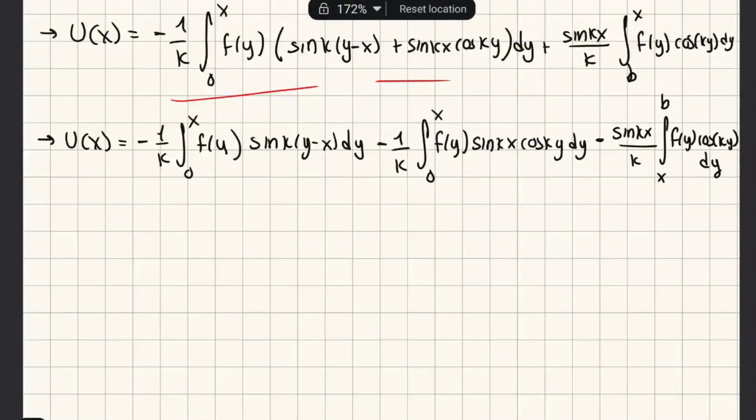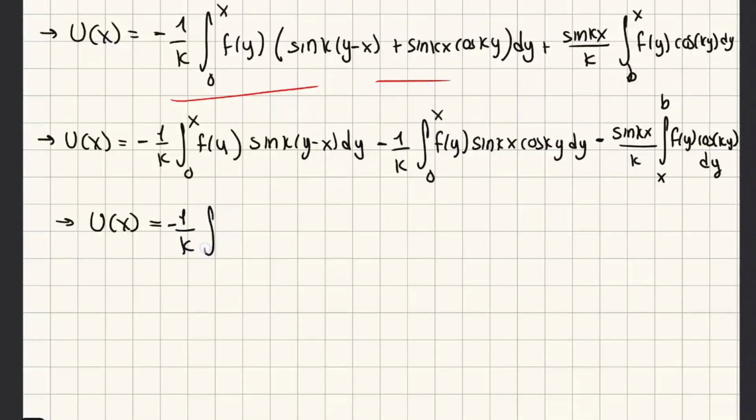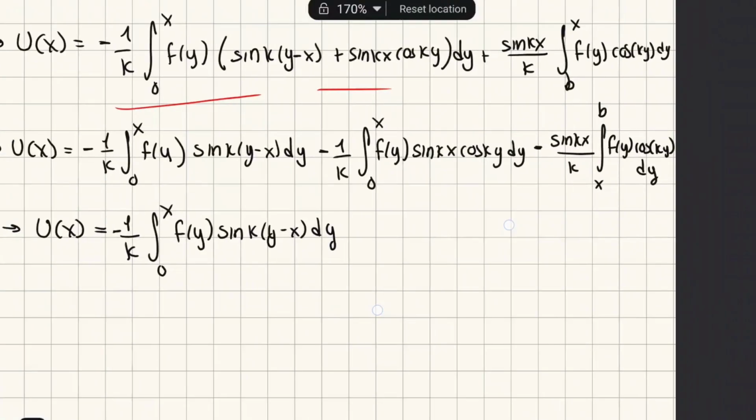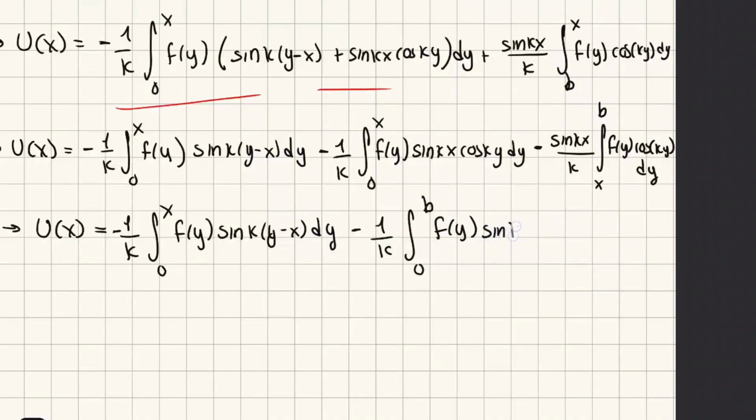And this is going to take us to u of x equals minus 1 divided by k, the integral from 0 to x, f of y sine of k times (y minus x) dy, and then minus 1 divided by k, the integral from 0 to b of f of y sine kx cosine ky dy.